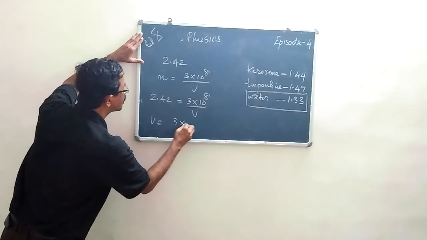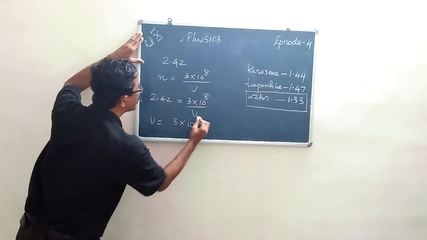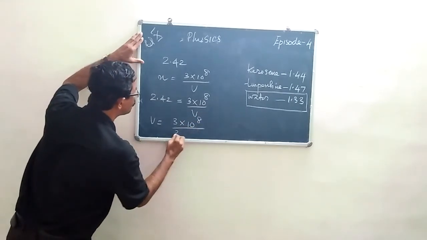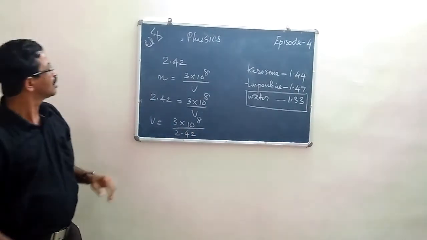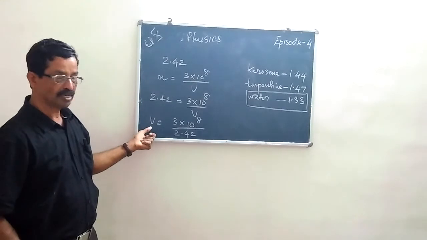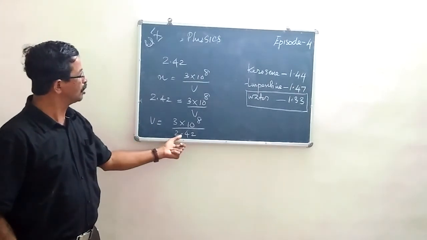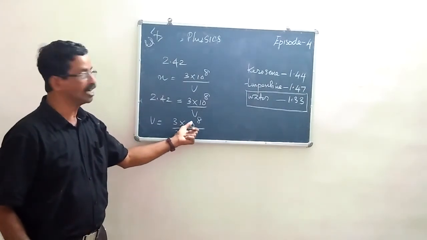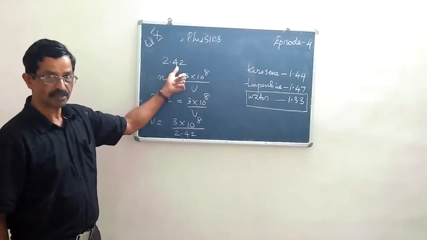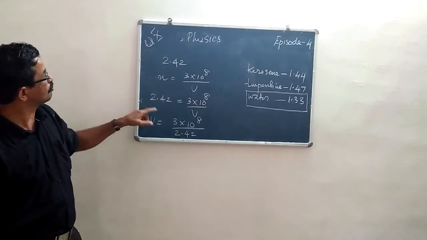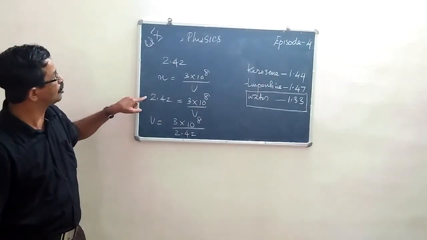V is equal to 3 into 10 to the power 8 divided by 2.42. Here the meaning is that the speed of light in diamond is 2.42 times smaller than that in vacuum. Or we can also represent it as V into 2.42.